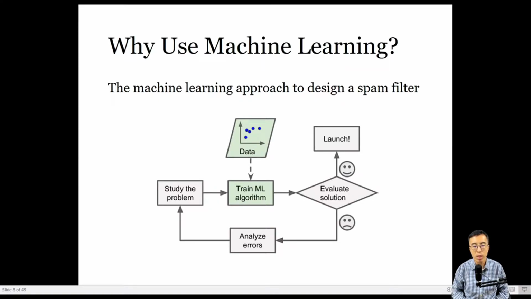And then you train the algorithm so that the algorithm is going to learn from the data and gradually improve its performance. And then you can evaluate some metrics, for example, the accuracy of classification, and make sure that your model can achieve a certain precision level before you launch the model into the real world.